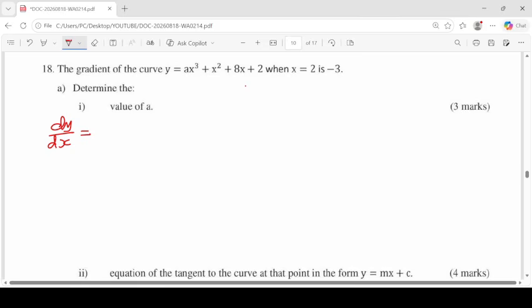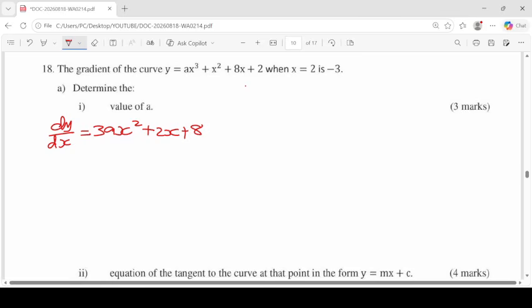When you're differentiating, you drop the power down, then you reduce the power by 1 to get the new power. So this is going to give us 3ax squared plus 2x plus 8. That is our gradient function.